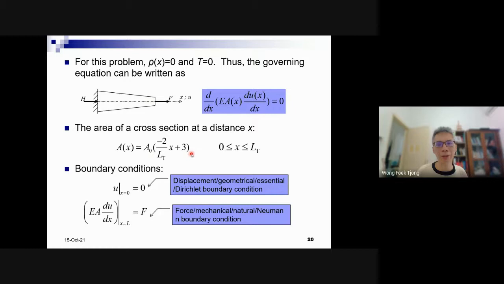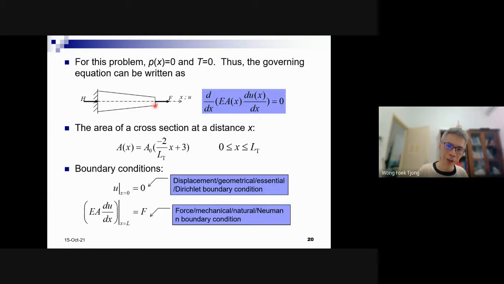This is not enough to solve the problem because it is applicable only at the interior of the bar. How about at the boundaries? At the boundary x equals 0, the displacement U is 0. This is called a boundary condition, right?